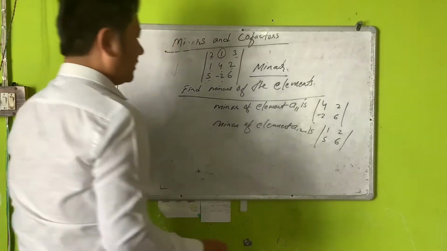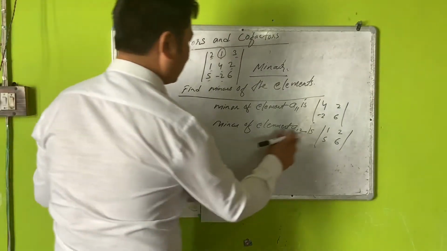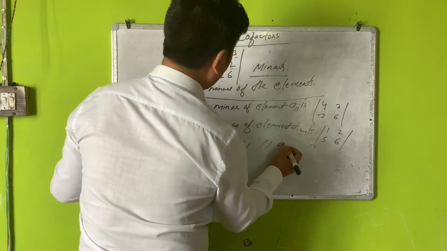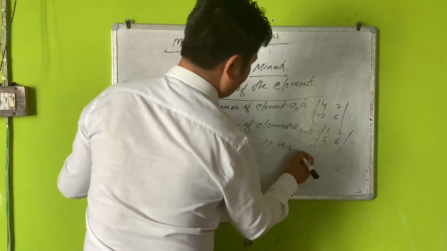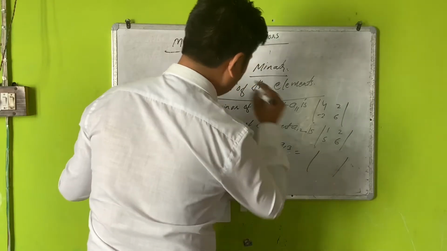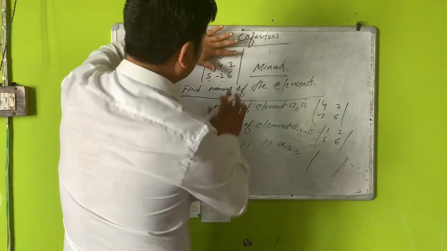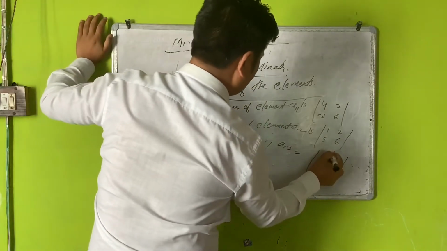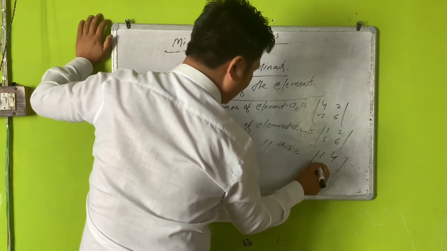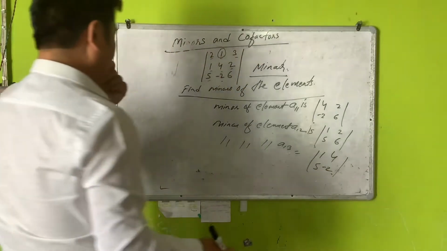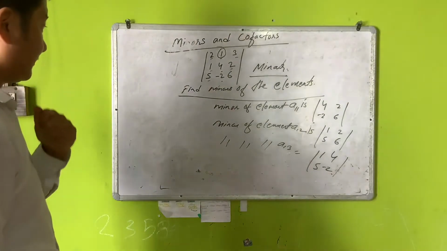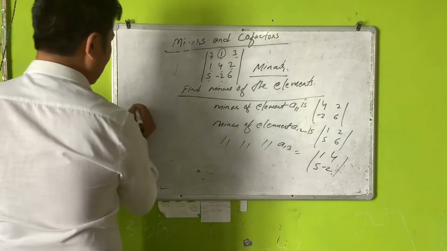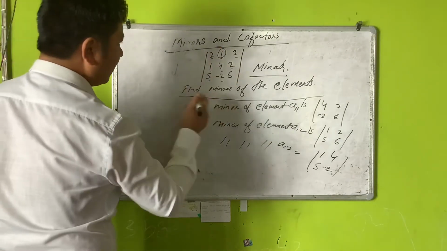This is the minor of the element A12. Likewise, minor of the element A13 will be how much? This one. When you close this row and column, it gets hidden. So 1, 4, 5, -2 is your minor of the element A13.